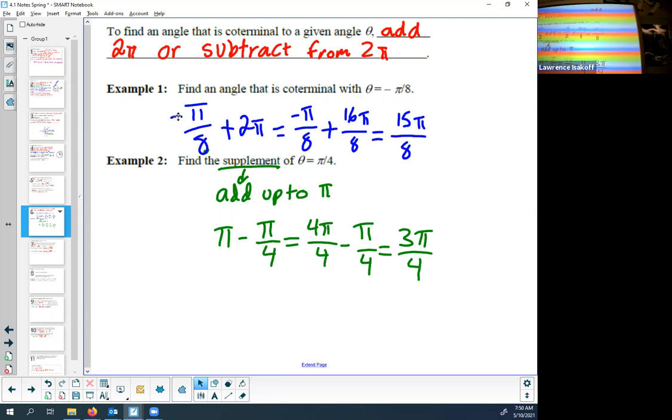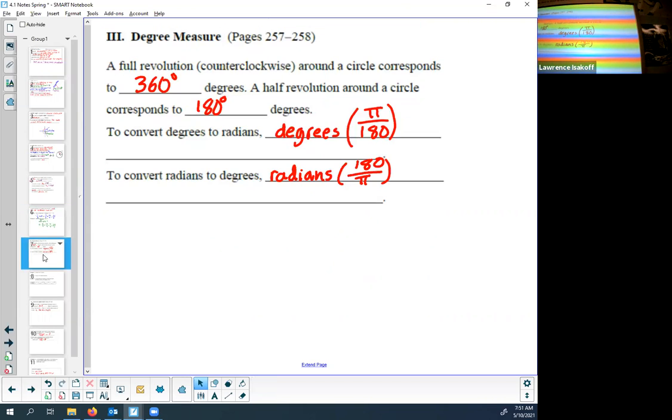Let's see, any questions so far? Let's go here about converting. So here are our formulas to convert from one to the other. A full revolution counterclockwise around the circle comes out to be 360 degrees. Half a revolution is 180.